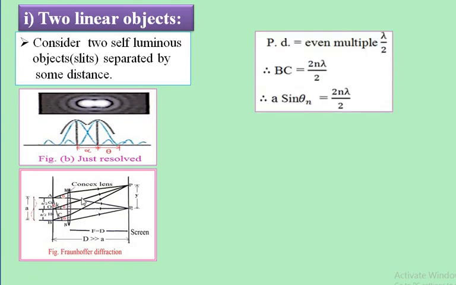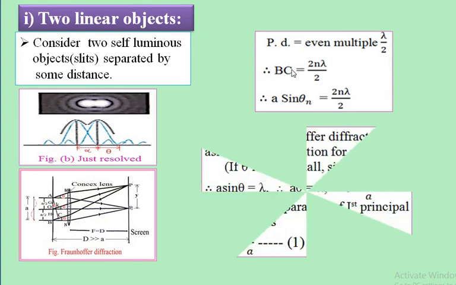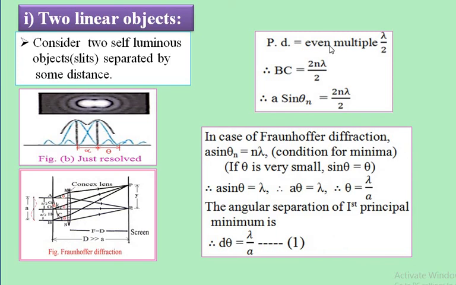In case of Fraunhofer diffraction, the condition for minima is given by the path difference equal to an even multiple of lambda by 2, which is BC equal to 2n lambda divided by 2. The 2 gets cancelled. We get BC equal to only n lambda, and BC is nothing but a sin theta n, which is equal to n lambda.